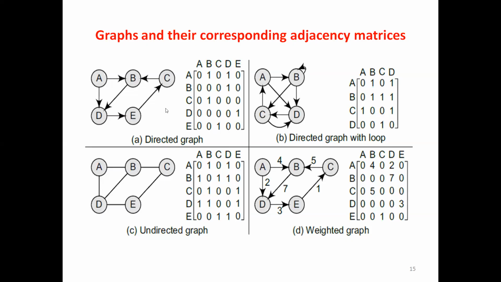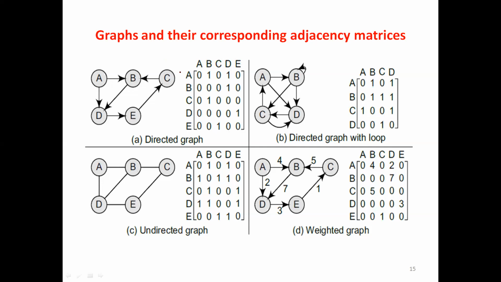When you take the first graph, I'm modeling this graph as a matrix. Since I have 5 vertices, I'm making it a 5 cross 5 matrix.